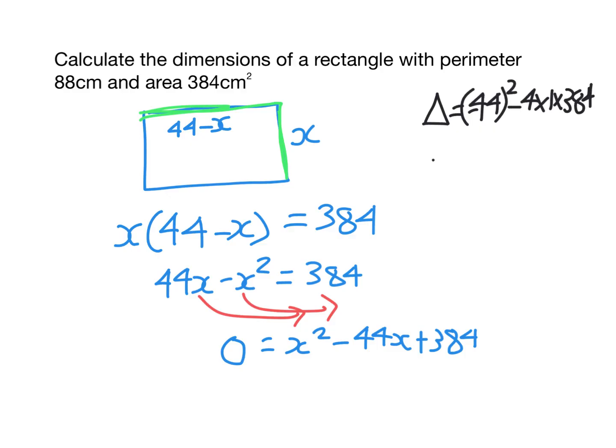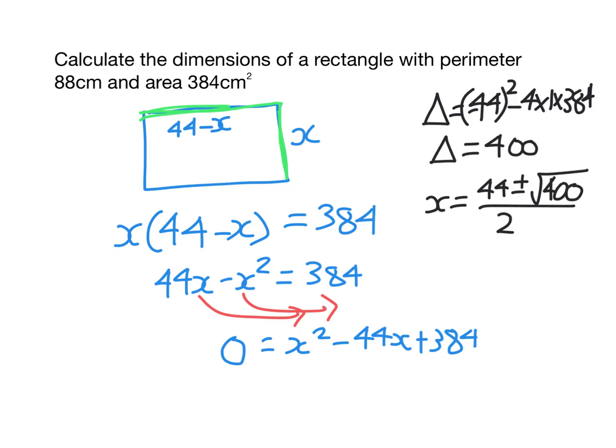So putting that in our calculator, we get the discriminant is 400, so there are two solutions. Those two solutions, x equals minus b, so negative minus 44 is positive 44, plus or minus square root of discriminant, all divided by 2 times a. And the answer we get, 32 and 12. So this rectangle must have a width of 12 and a length of 32.